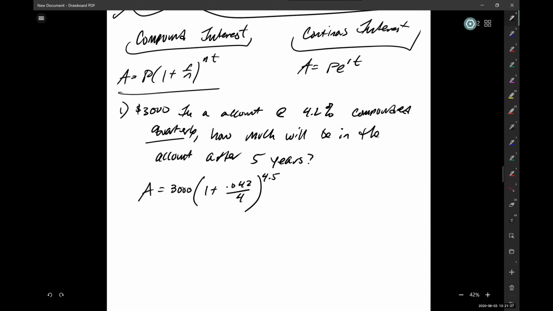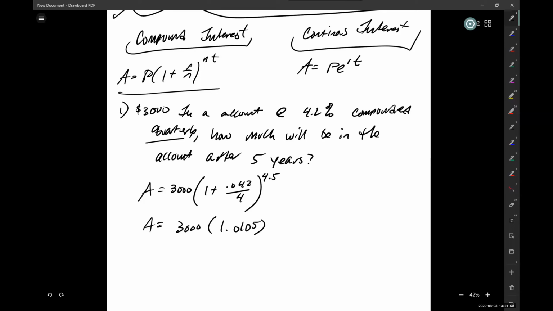Now this is really just becoming a calculator problem. Just make sure you're careful when you plug in. So this is 3,000. And then this is 1.0105. Make sure you keep track of your zeros.